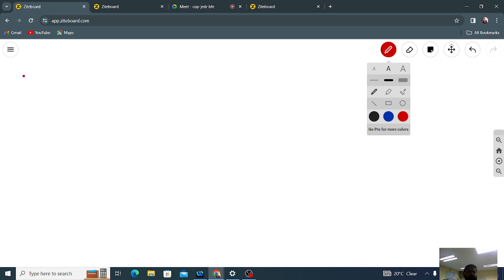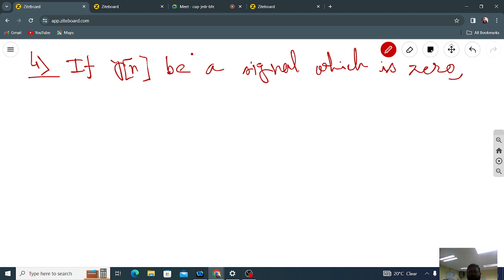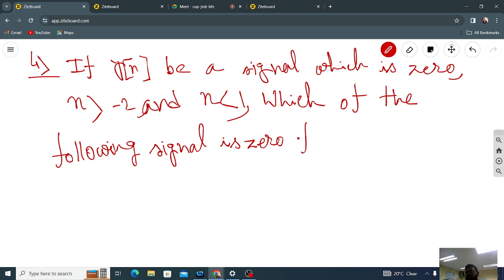Now the fourth question. If y of n be a signal which is 0 for the instance n greater than -2 and n less than 1, which of the following signals is 0 for n greater than -3 and n less than 0?